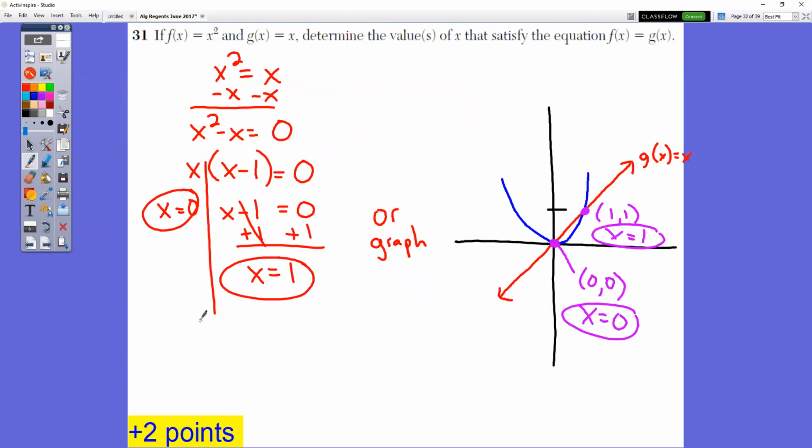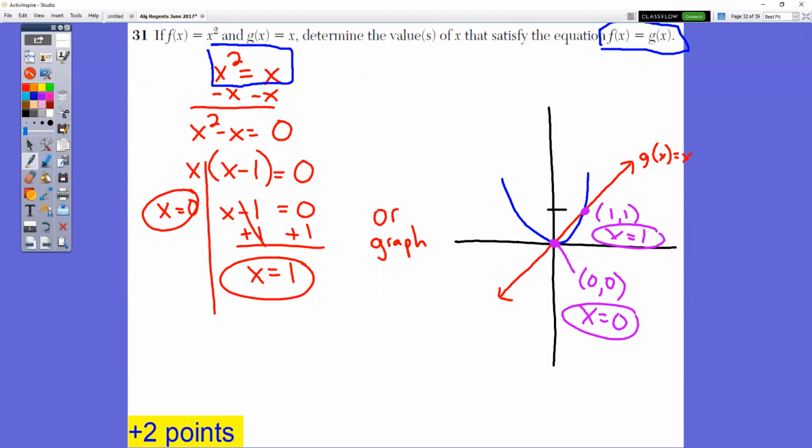Number 31, there's 2 completely different ways to do number 31. It says if f of x equals x squared and g of x equals x, determine the values of x that satisfy the equation where they are equal to each other. So one of the ways that you could do this is to set them equal to each other.